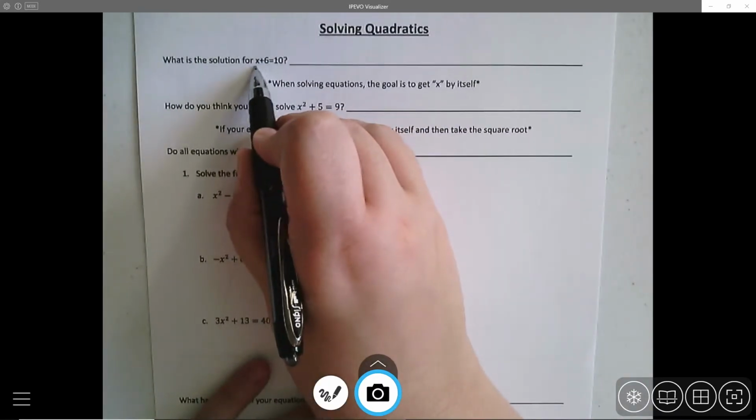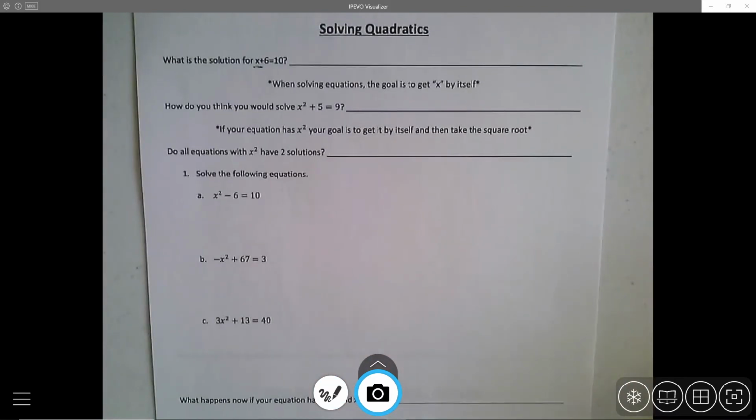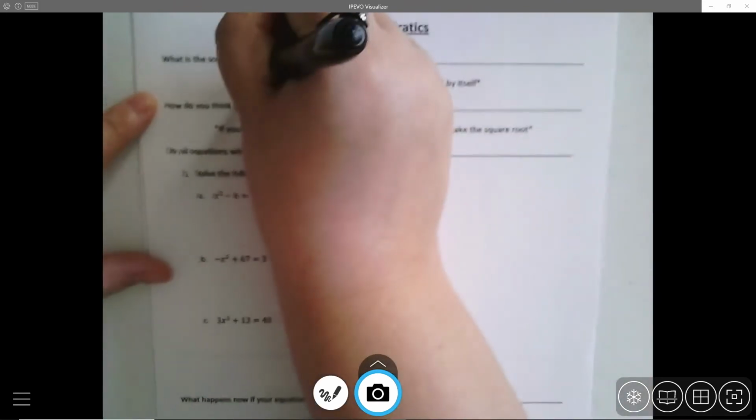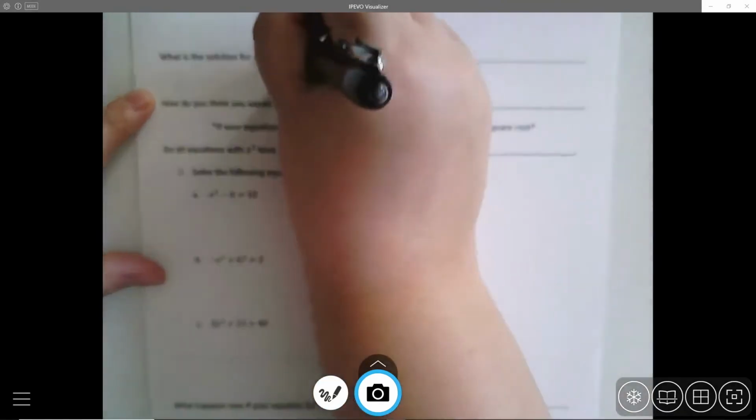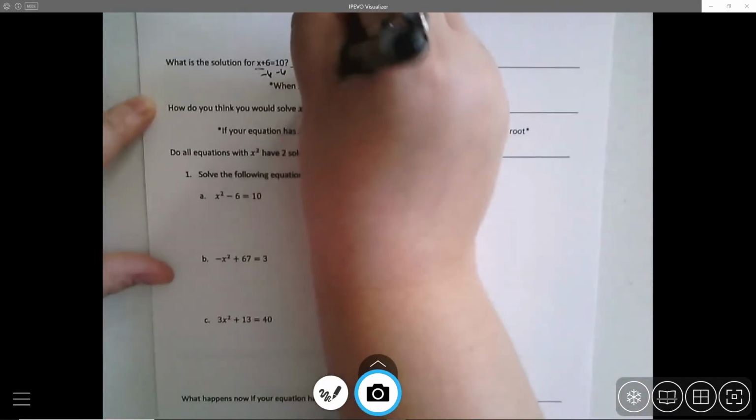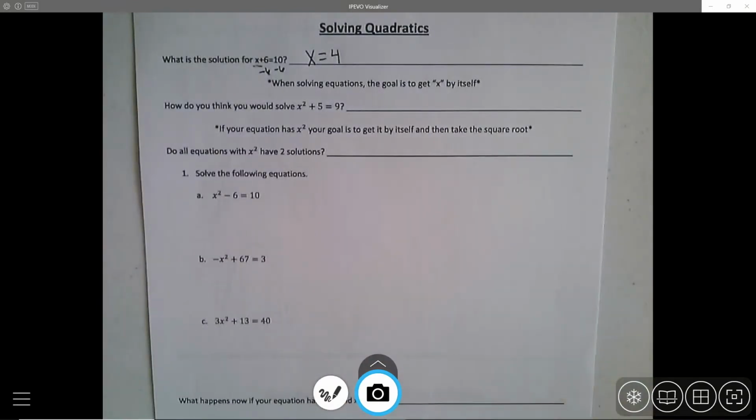Why I know it's linear is because it's x by itself, or x to the power of 1. When that showed up in algebra, you were like, okay, we got to move the 6 to the other side. So we subtract 6, and we get left with x equals 4. Great. There's your answer. Not that difficult.